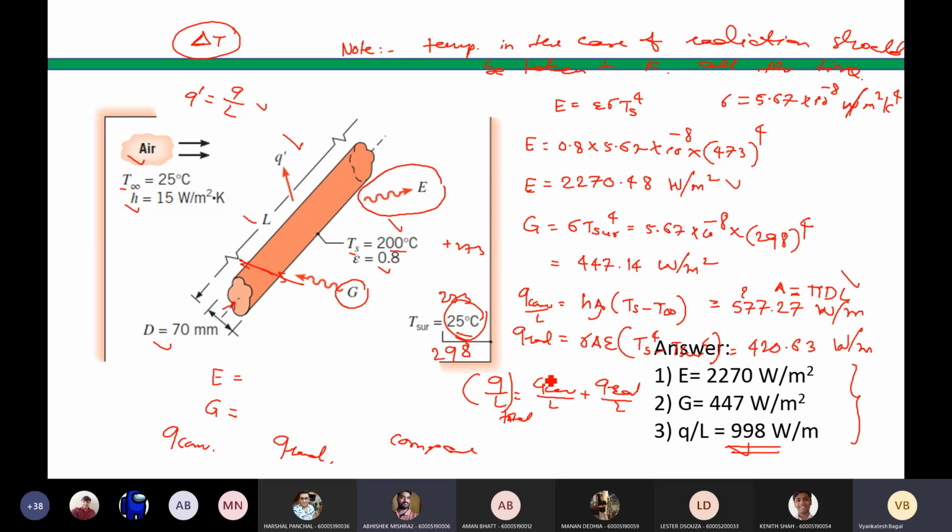This is the reason, because we know that radiative heat transfer is basically a function of the surface temperature of the body itself. So this may change with the respective temperature. Fine.